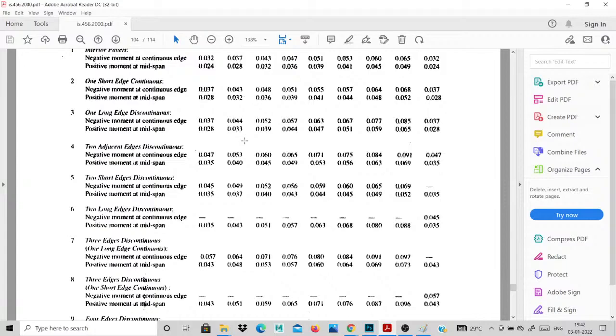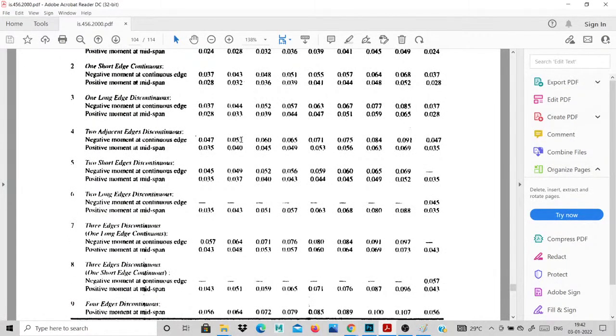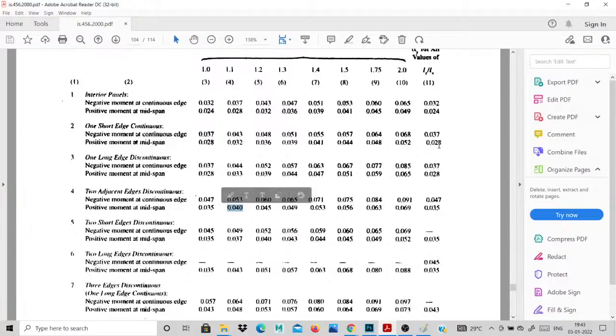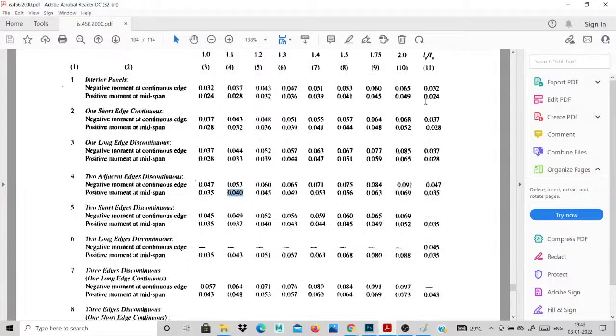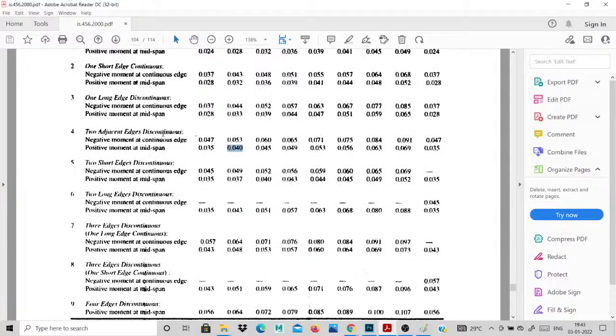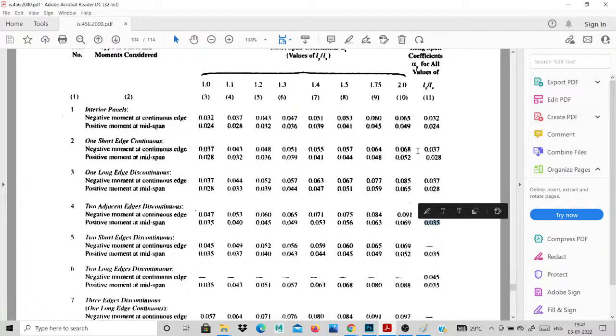See, this value is 1.1. You take the negative moment at the continuous edge and mid span. This is the span moment and this is the shorter span support moment. This is the span moment for the short edge. I need the long edge, so this is the longer span coefficient. I go for adjacent sides, then take the continuous edge and mid span moment also for this continuous slab.